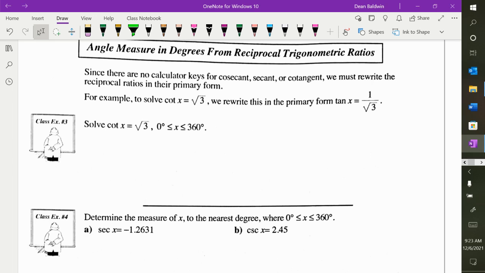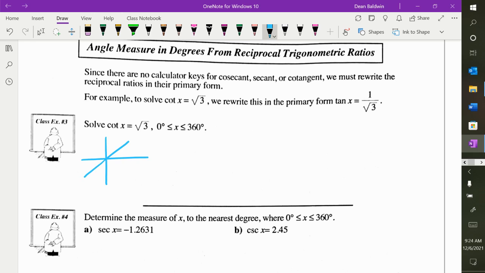Okay, so cotan is equal to root 3. Figure out what quadrant you're in. Cotan is what? 1 over tan. So we're essentially saying, where is tan positive? What quadrants? 1 and 3.